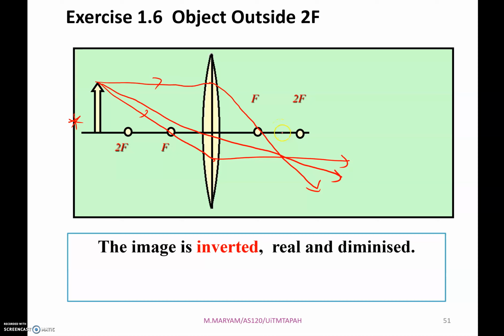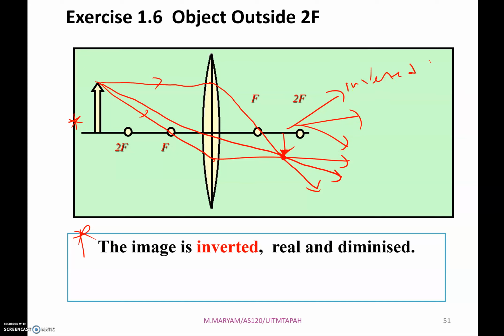Okay, so let's draw our image then. Since the point of intersection is here, this will be the head of the arrow. So what will be the characteristic of image then? Okay, without looking here, let's try and do it ourselves. Three characteristics. The first one, is it inverted or upright? Yes, it's inverted.